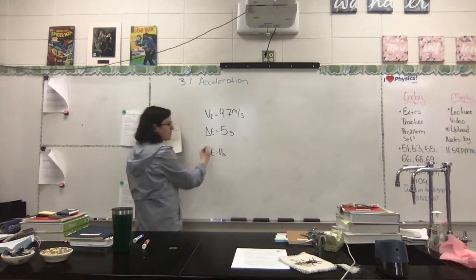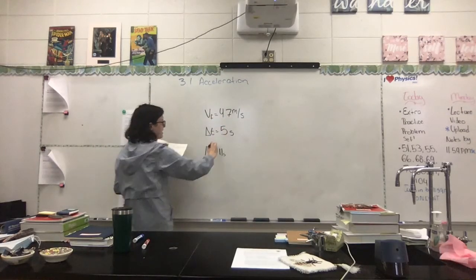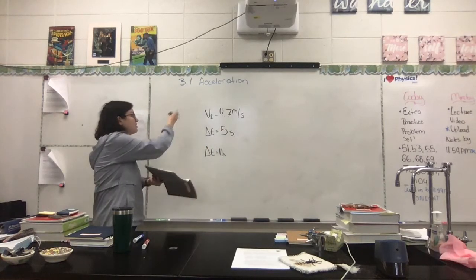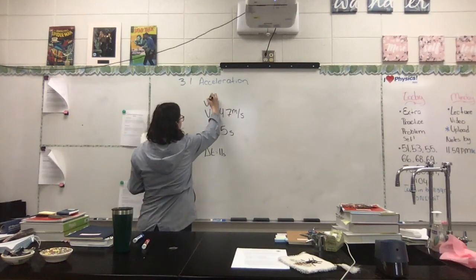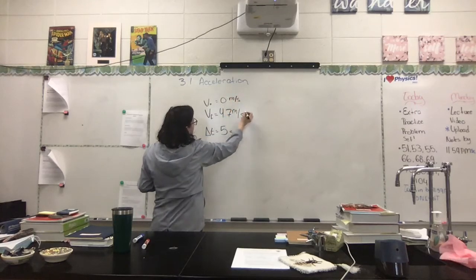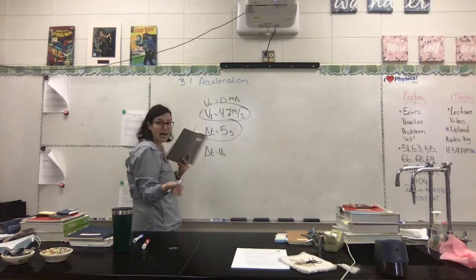But before we deal with that, we need to focus on finding what the acceleration is here, okay? When they don't tell us an initial time, an initial velocity, and it says that they started out from something, we're going to assume that v naught is equal to 0 meters per second. So that means that this is the total change in velocity, this is the total change in time.